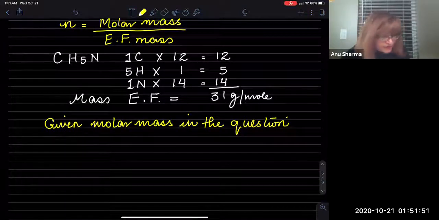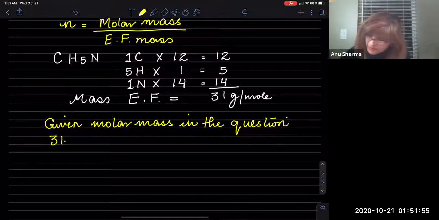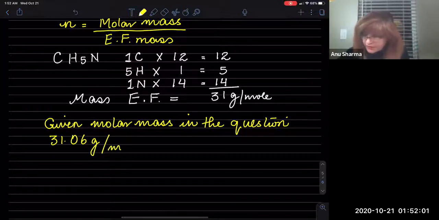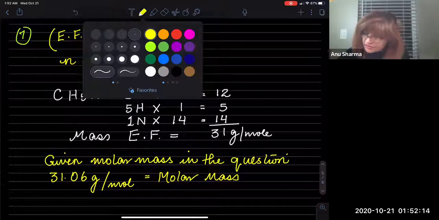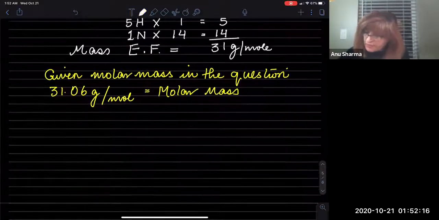So we were given 31.06 grams per mole in the question, and that is the molar mass. So you can easily take the empirical formula mass. Let's do this. So that is your empirical formula mass.